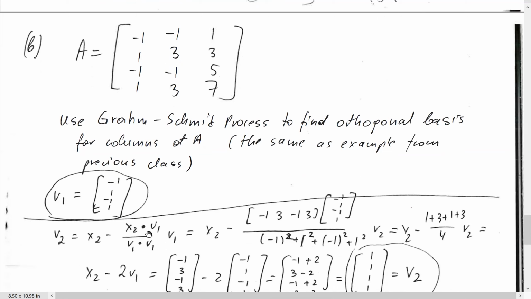So this is X2 dot product V1. So we take the second one, put it as a transpose, times X1, times V1, which is my X1, over V1 dot V1, which is the square of the coordinates of each and every one, and times the vector V1. So then we have X2, this is X2, not V2.